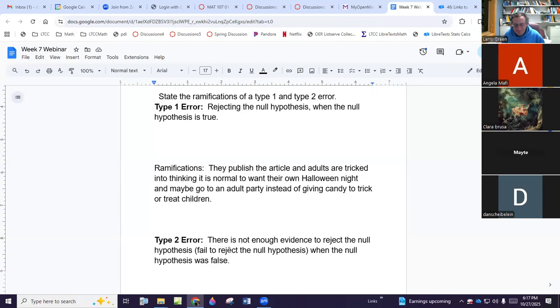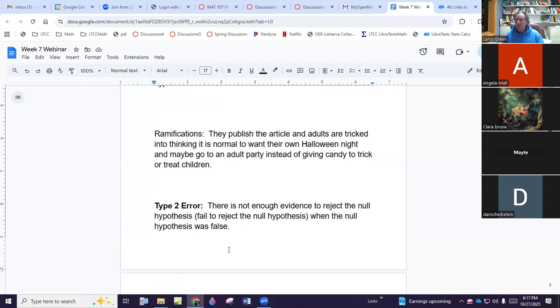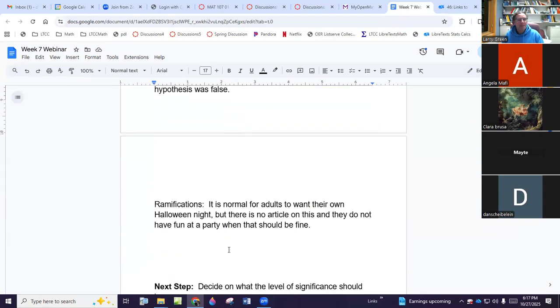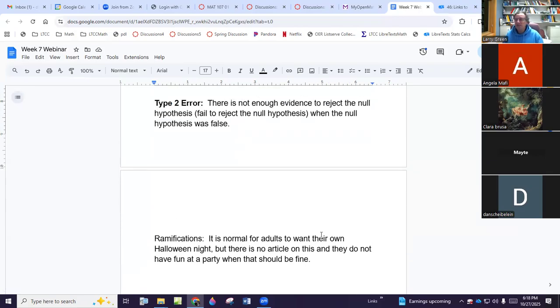And they're not going to have fun at a Halloween night. Does that make sense? So it's normal for adults to want their own Halloween night, but there's no article on this, and they do not have fun at a party when that should be fine. Because a lot of people can go to the party, but didn't go because they read this article. Any questions on this?